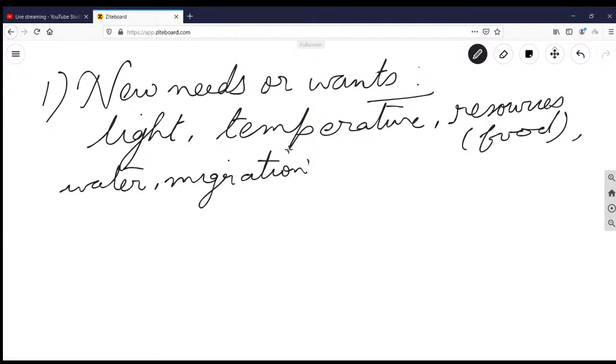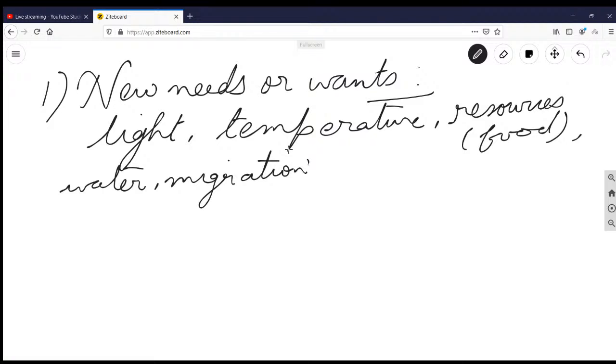He talked especially about animals. And if they want to fulfill these new needs, the living organisms have to exert special efforts, and that special effort could be changes in habits or behavior.